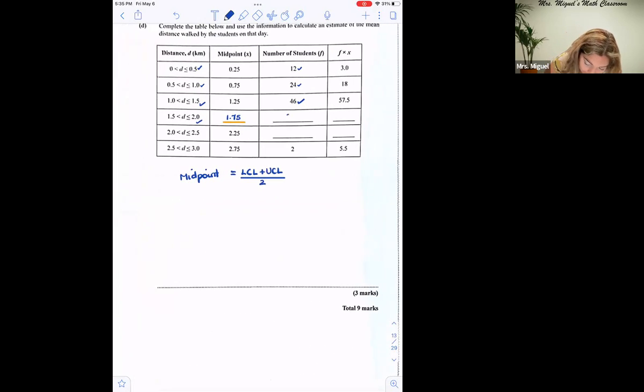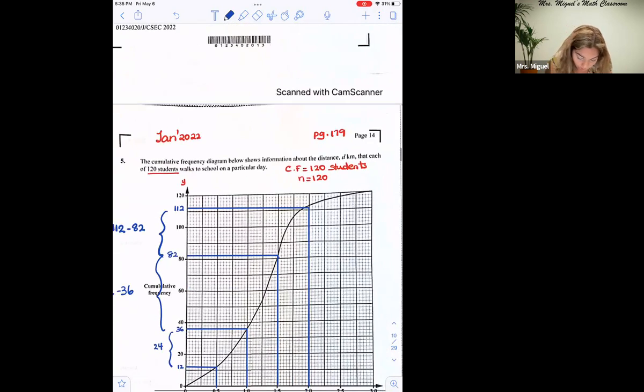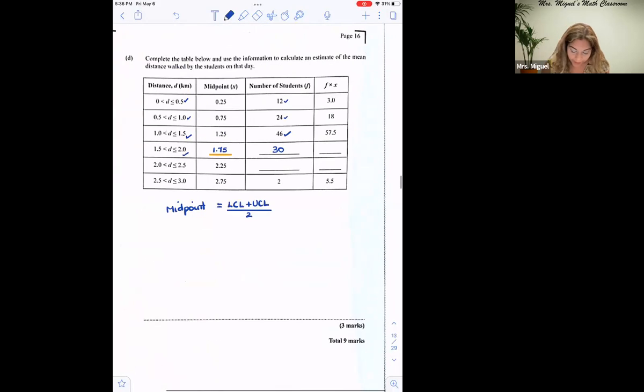We're going to the graph now. Here is 30. Now, how many students did we start off with? We started off with 120. So we know the frequency total is 120. So add all of these numbers and take it away from 120 and put the answer here.